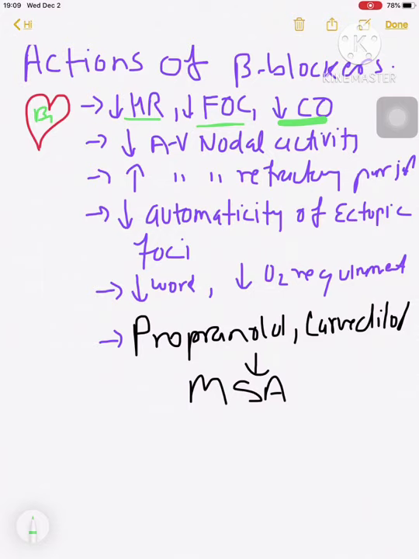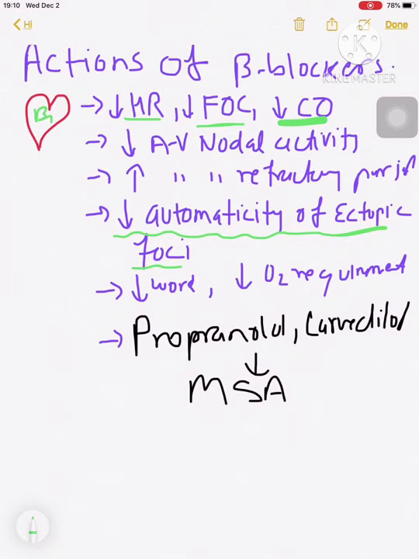One important point is that beta blockers decrease the automaticity of ectopic foci. That means they decrease firing from an ectopic focus, decreasing the risk of arrhythmias. So these beta blockers, mainly metoprolol, are used in arrhythmias, mainly atrial arrhythmias like atrial fibrillation and atrial flutter.